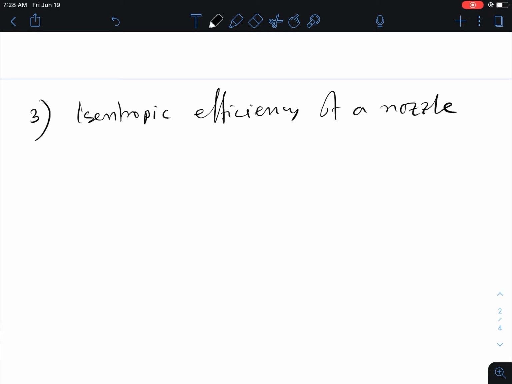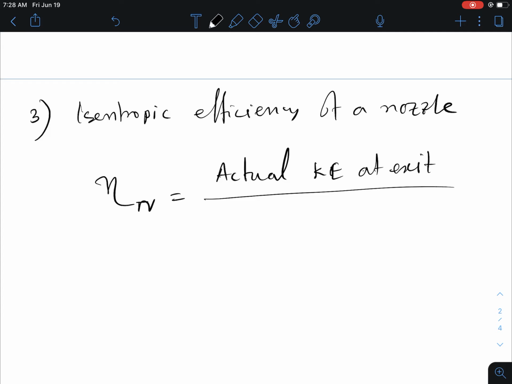So if the entropy remains constant for a nozzle, then eta nozzle equals the actual kinetic energy of the nozzle at exit divided by the isentropic kinetic energy at exit.